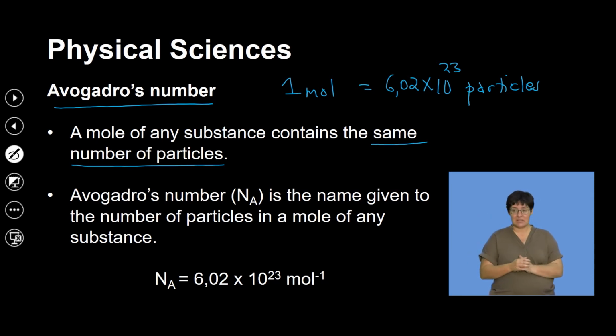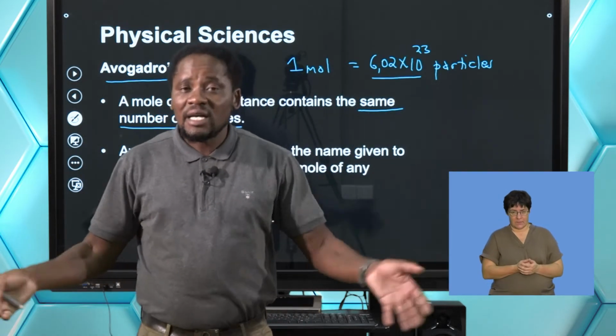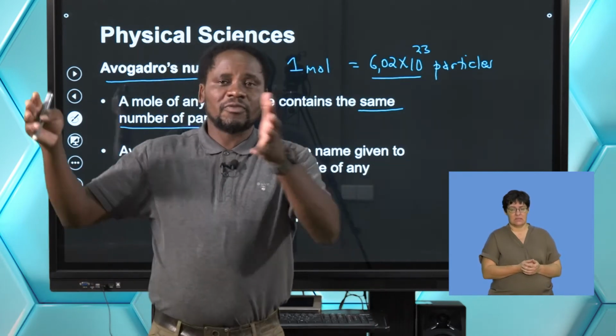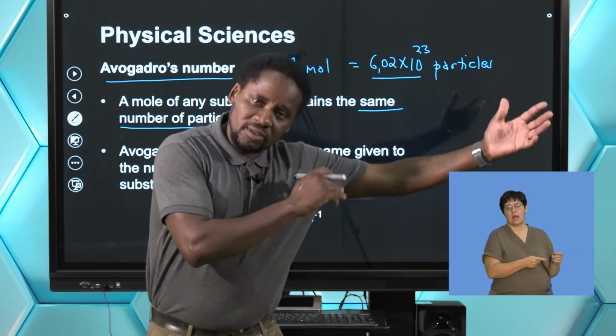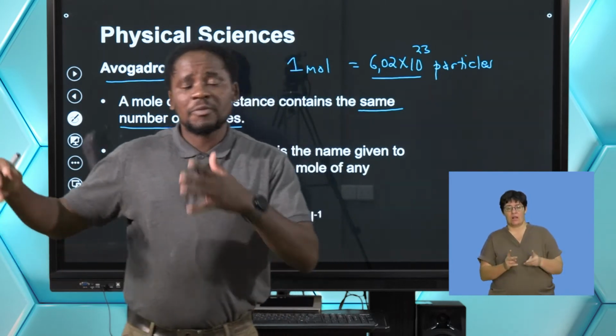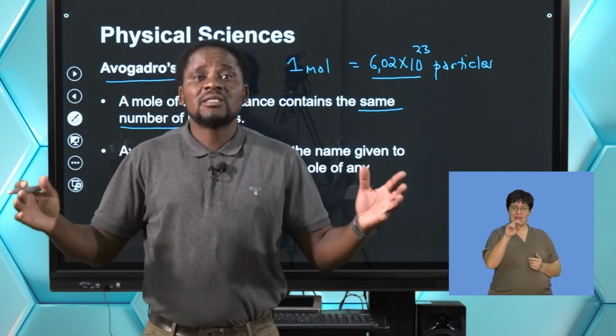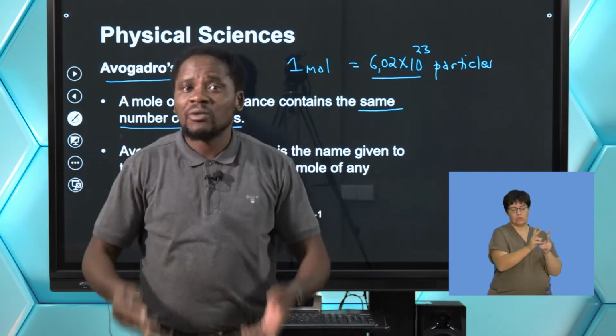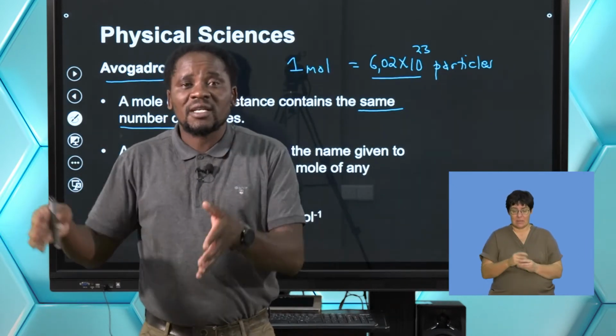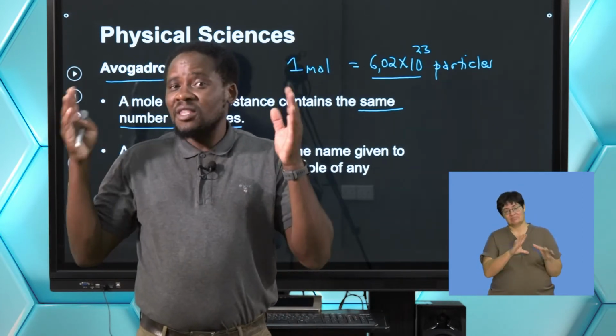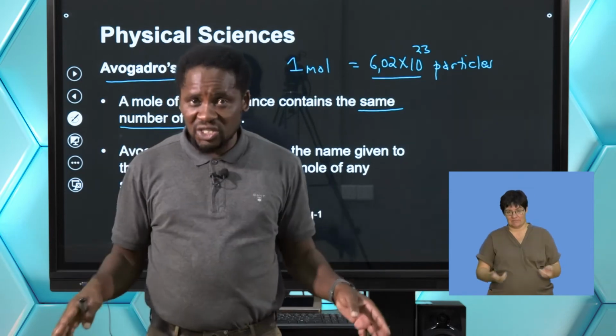So this is the number that represents a mole, and this mole is the same for any substance. Like we're saying, a dozen of bread represents 12 loaves, a dozen of eggs represents 12 eggs. So a dozen is the same number for whatever substance you choose. Similarly, with the mole, the number remains the same. It doesn't change, all right?